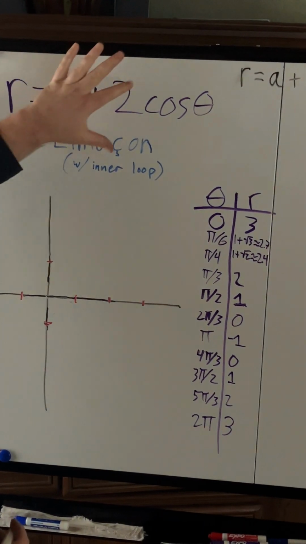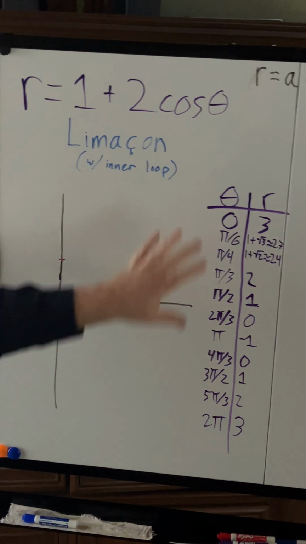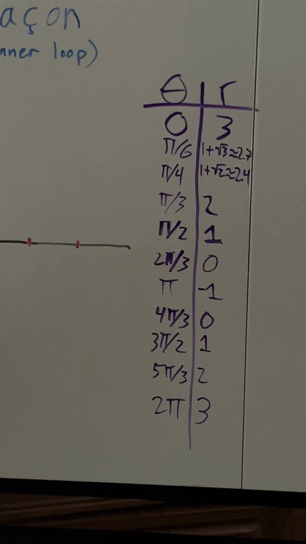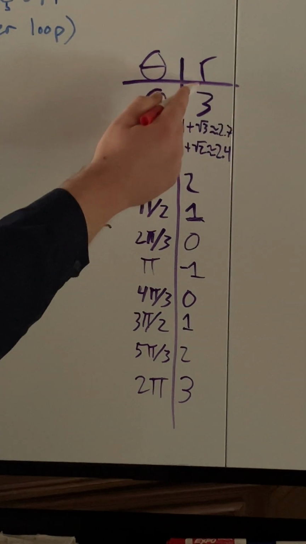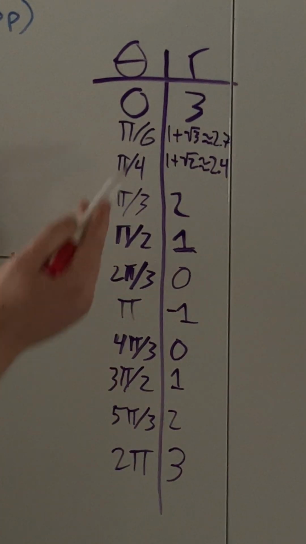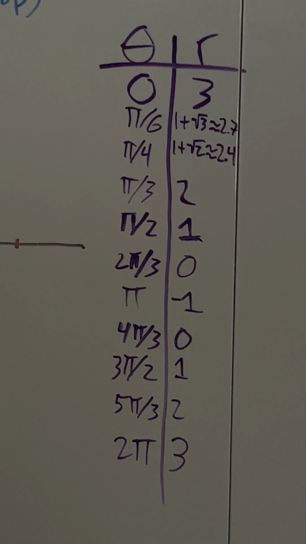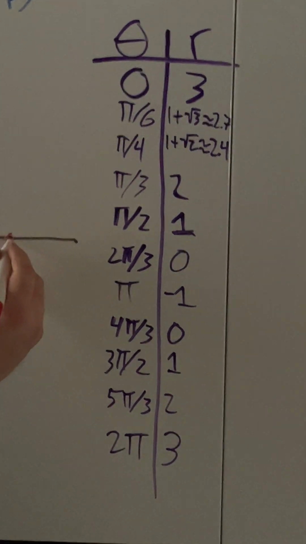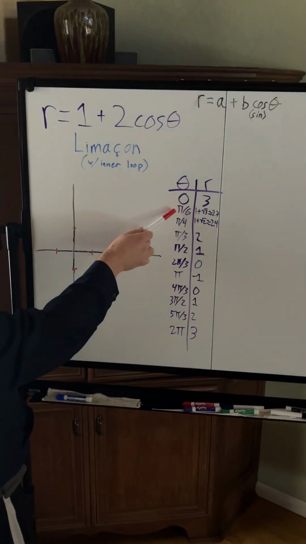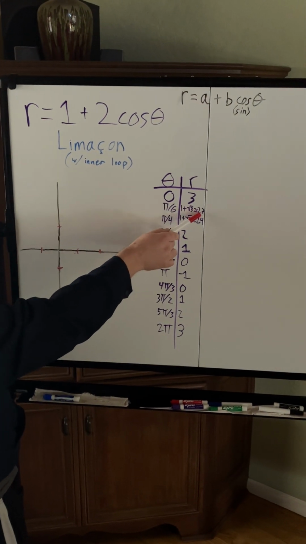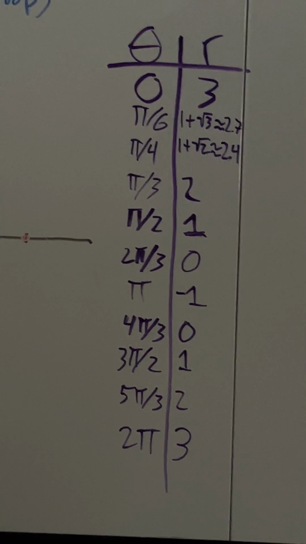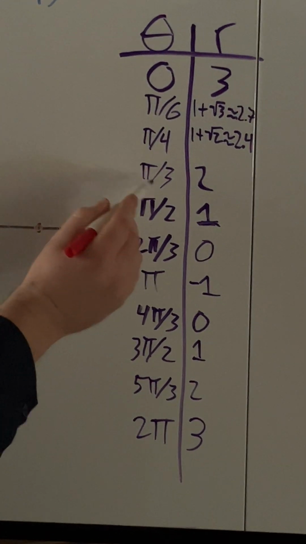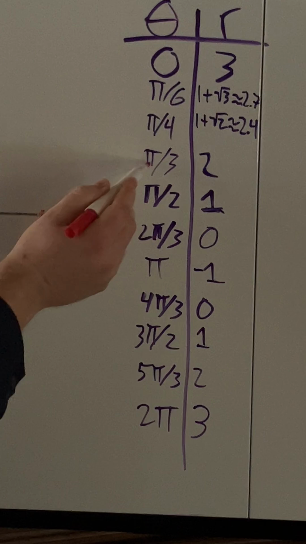R equals 1 plus 2 cosine theta is going to produce this table of values. You'll notice that the largest R value that I get is at 0 and again at 2 pi. So that means out here. Now, I put these just so you could sort of see the values it runs through, but really for the rest of the table what we want to focus on are these whole number results.